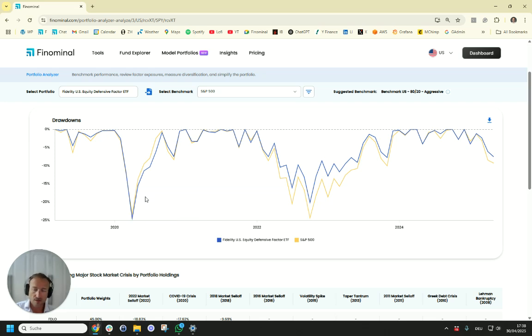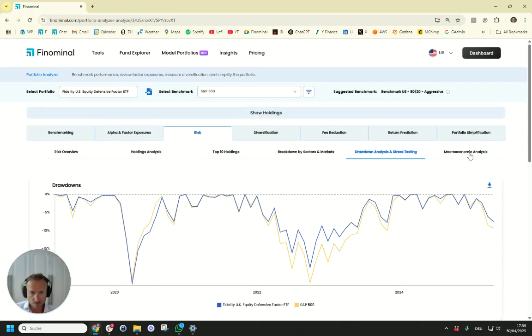We can explain that by the large allocation to the low volatility factor ETF, simply because these low volatility, low risk stocks did not do very well during COVID. A typical example of low vol stocks are REITs, but during COVID-19, people stopped going to the offices, stopped going to shopping centers. Having said that, in later periods, this model portfolio from Fidelity did have lower drawdowns than the S&P 500, so it's worth investigating how it has achieved that.